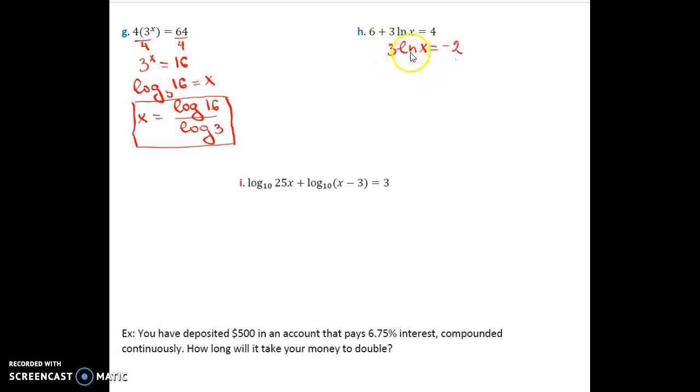Now I have 3 times ln of x, so I need to divide both sides by 3. We get that the natural log of x is equal to negative 2/3. Once again, I have no idea what is the power of e to the negative 2/3. So to be able to find x, since I'm stuck in a logarithmic, I'm going to convert to exponential. That is e to the negative 2/3 power is equal to x.